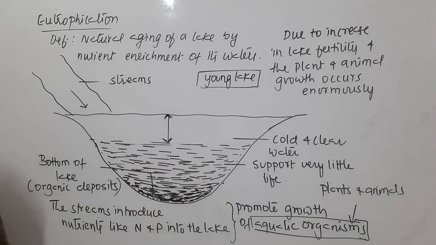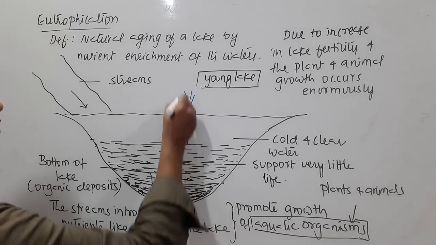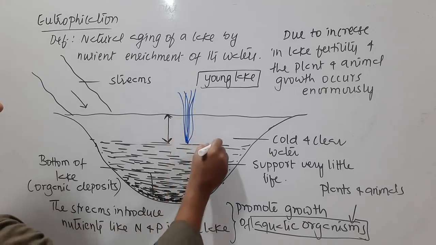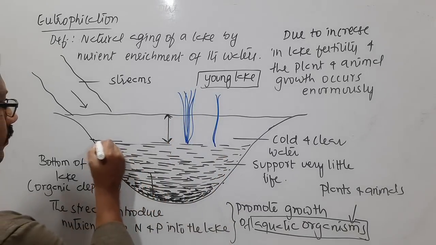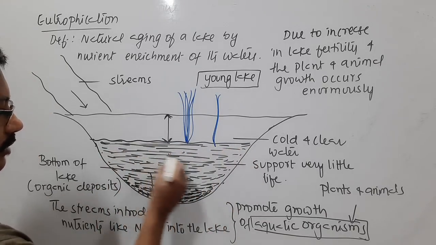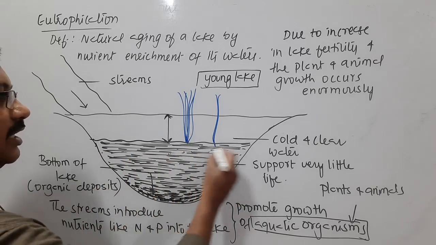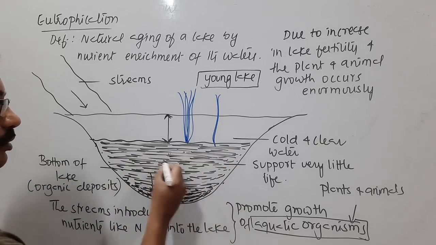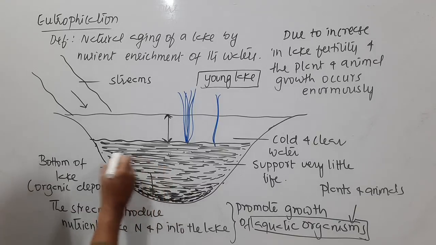So when the pond becomes shallower, you will see the growth of marsh plants. Of course this is not the water, I'm just drawing, so don't think this is water. These are organic deposits formed from the dead remains of aquatic organisms mixed with silt.